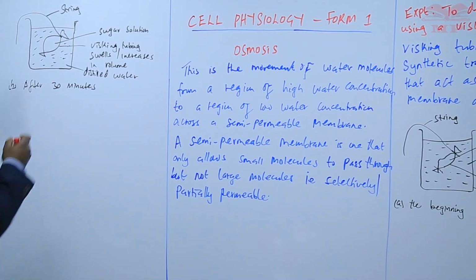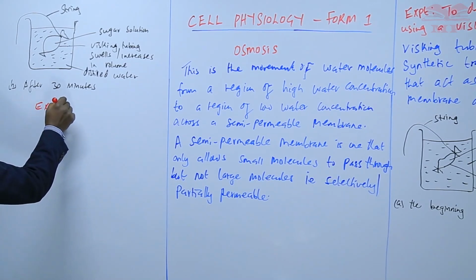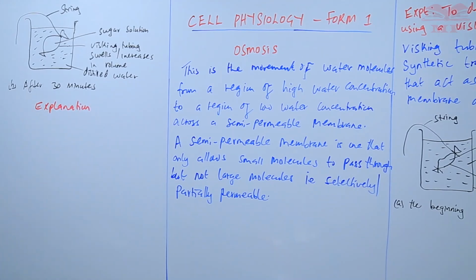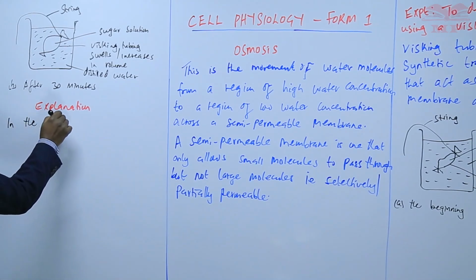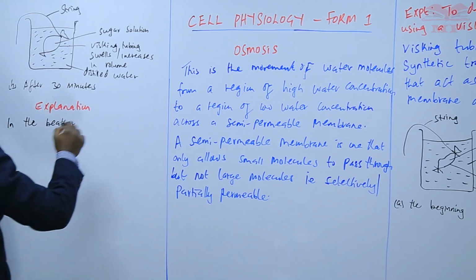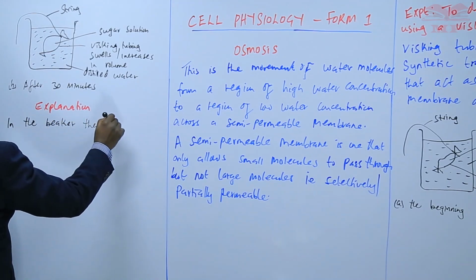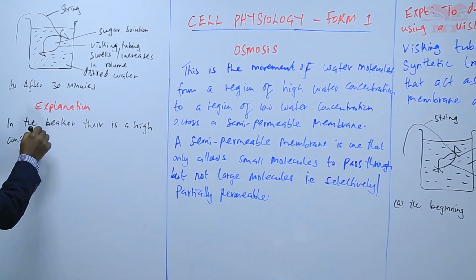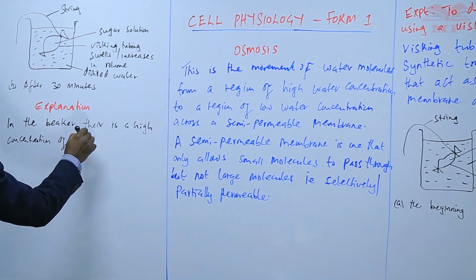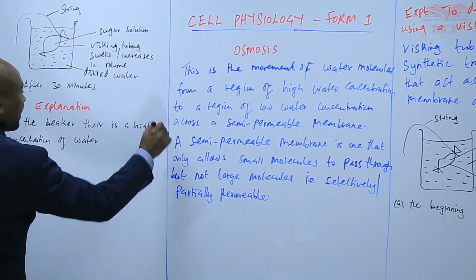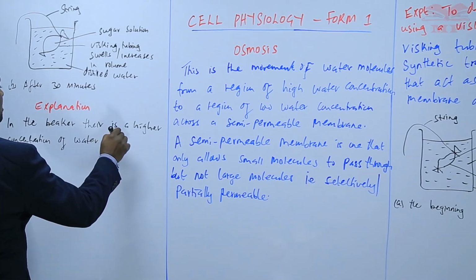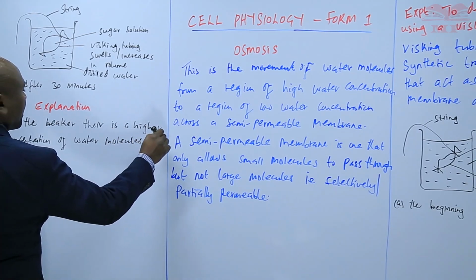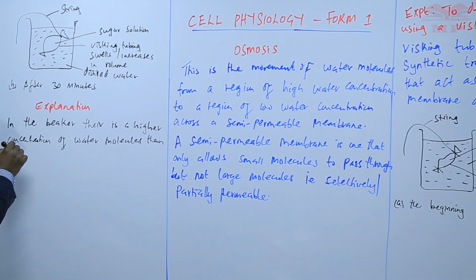Now, let's look at the explanation for that. The explanation is that inside the beaker, there is a high concentration of water molecules. In fact, there is a higher concentration of water molecules than inside the whisking tubing.